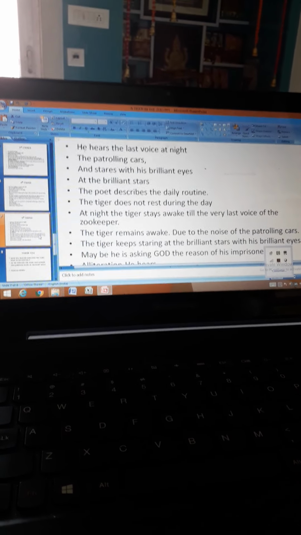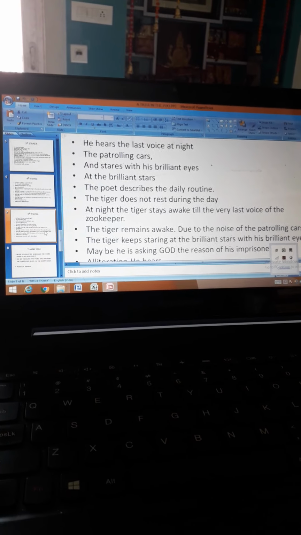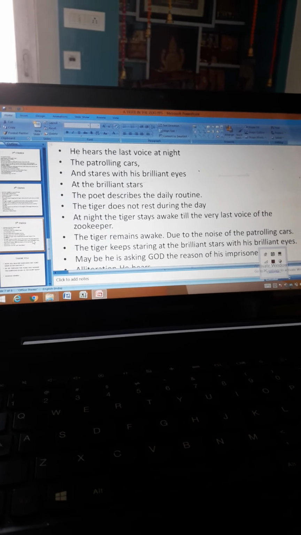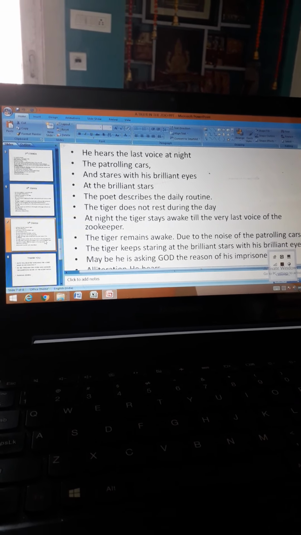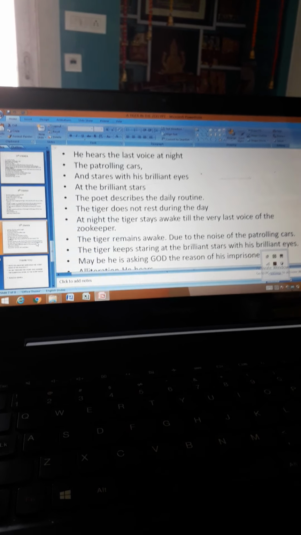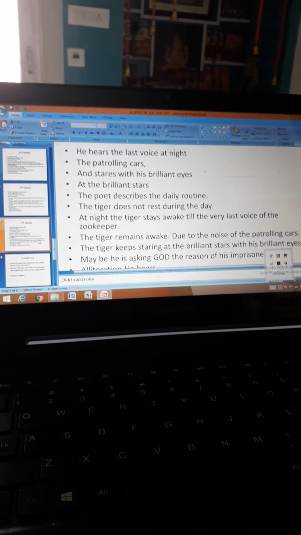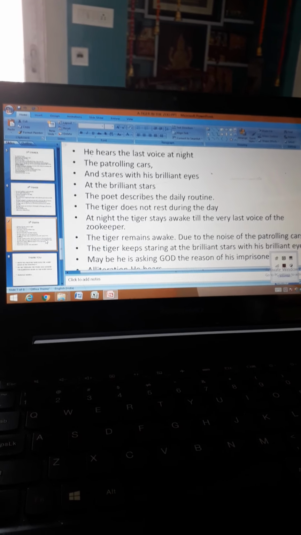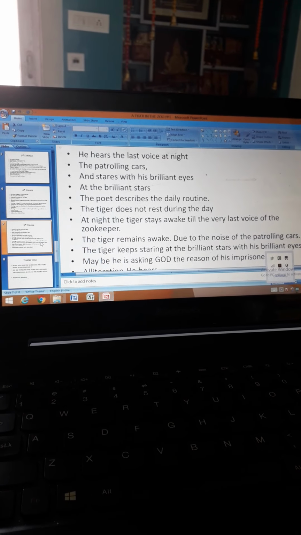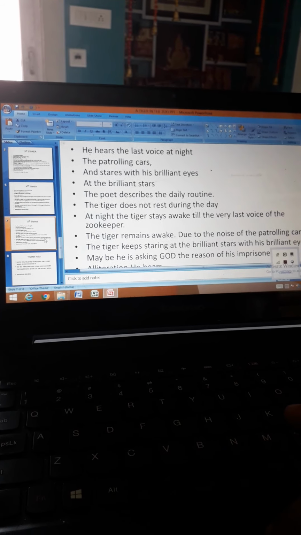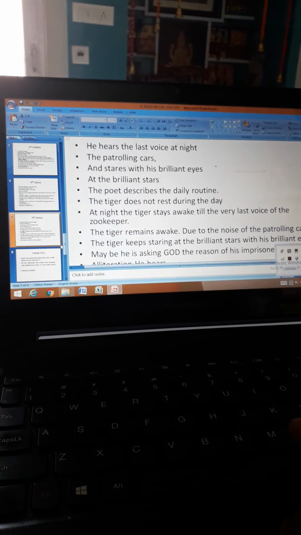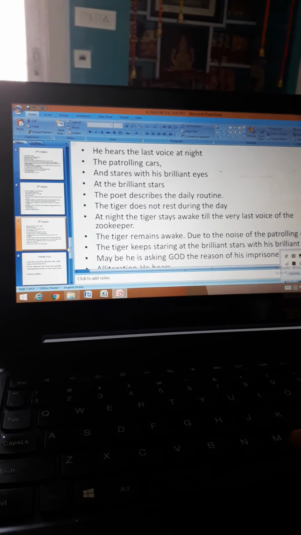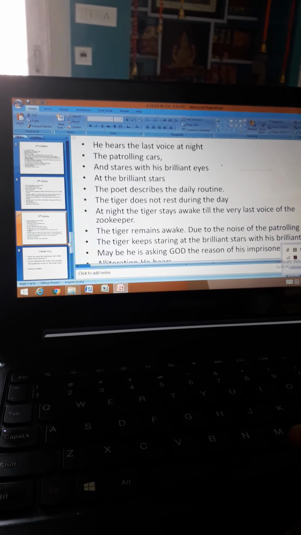Here, the poet is describing the routine of the tiger, how he does not even rest during the day because the people come and disturb him, and even in the night he is awake till the very last whistle of the zookeeper. The tiger is awake due to the noises of the patrolling cars, and he keeps staring at the brilliant stars with his brilliant eyes.